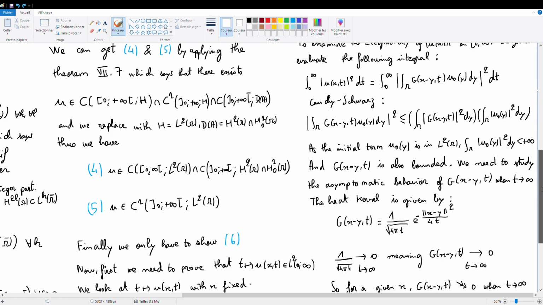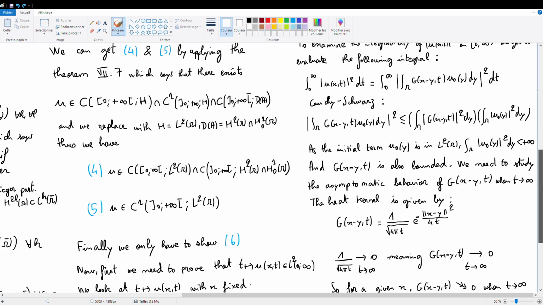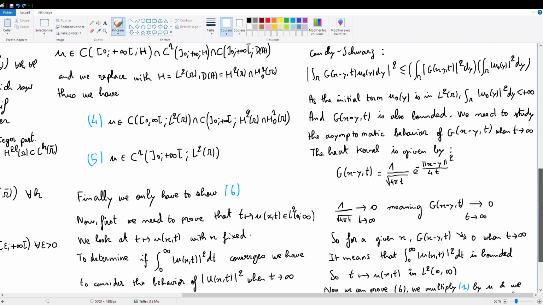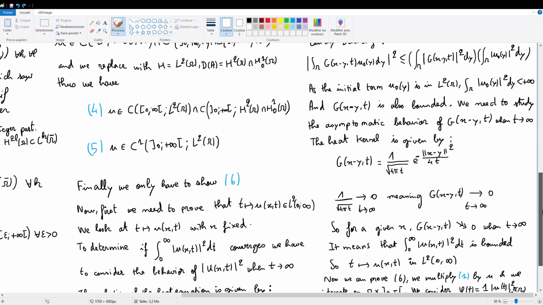As the initial term u0(y) is in L2 of omega by hypothesis, the integral is bounded, and g(x minus y, t) is also bounded. We need to study the asymptotic behavior of g(x minus y, t) when t goes to infinity.